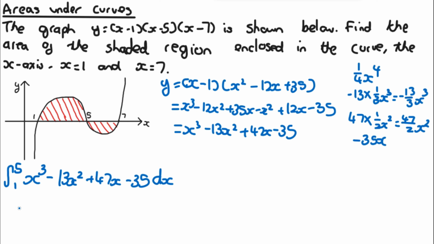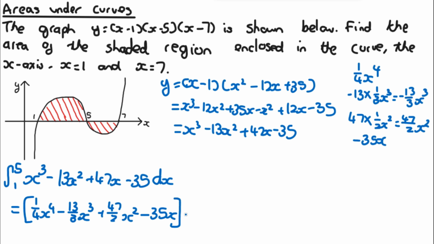So this is going to be equal to 1 over 4 x to the power of 4 minus 13 over 3 x cubed plus 47 over 2 x squared minus 35x, and then we use the square brackets. This is 5 and this is 1, and then we sub in the values of 5 and 1. So let's sub in 5.